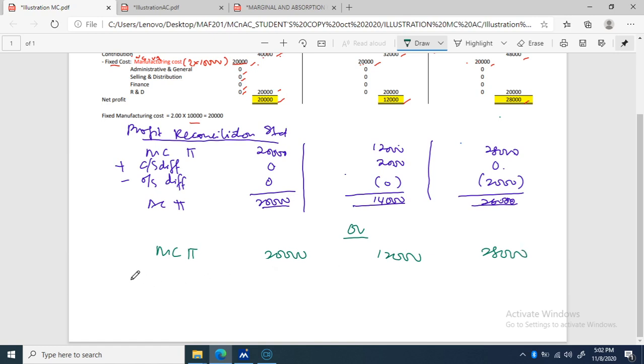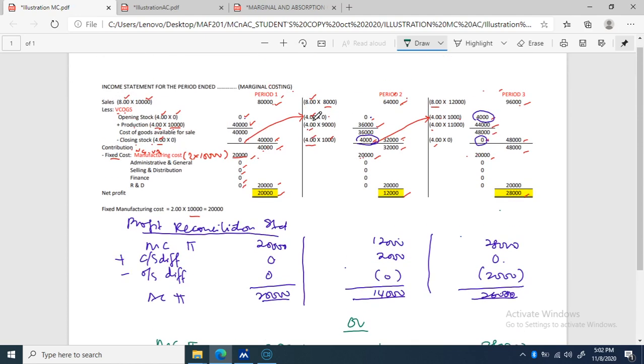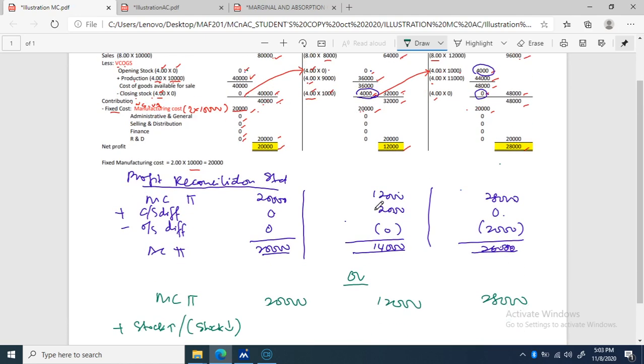We plus if stock increases, or we minus if stock decreases. If we refer to period 1, there is no stock increase or decrease, opening 0, closing 0. So it means 0 here.